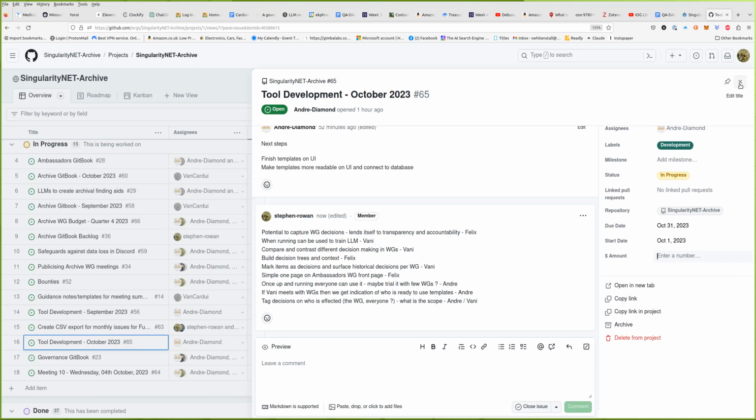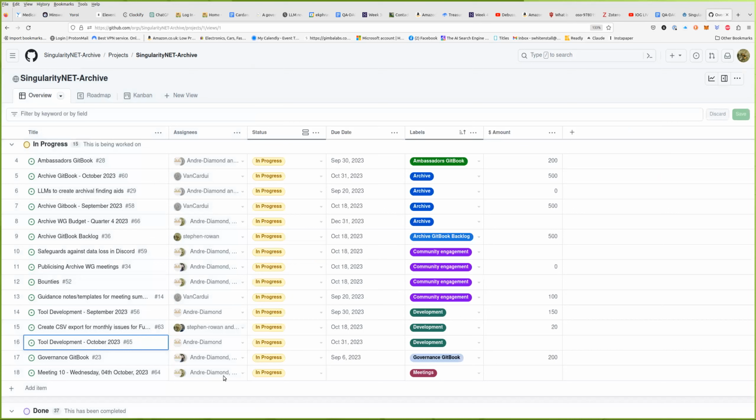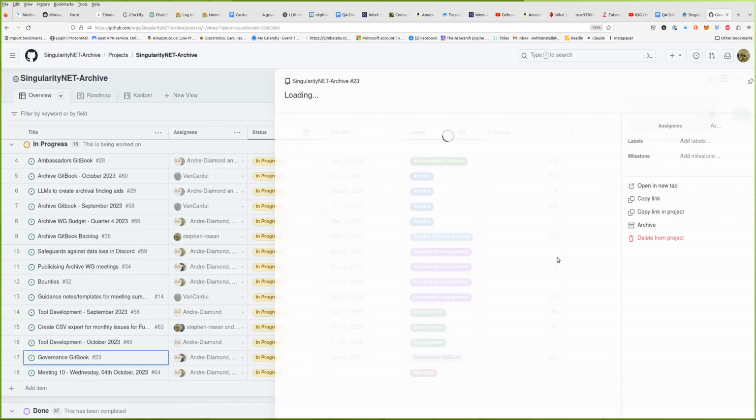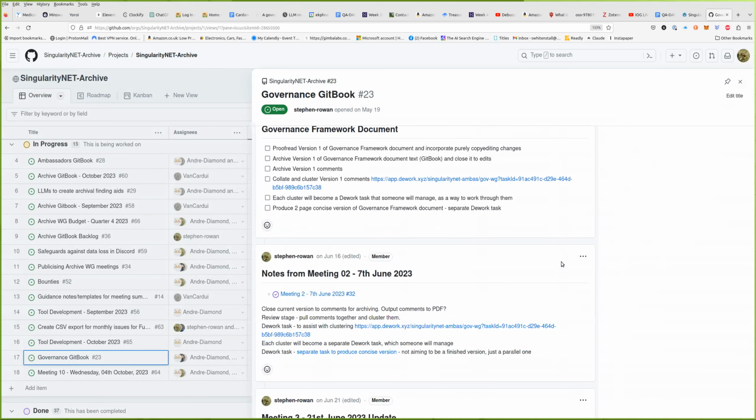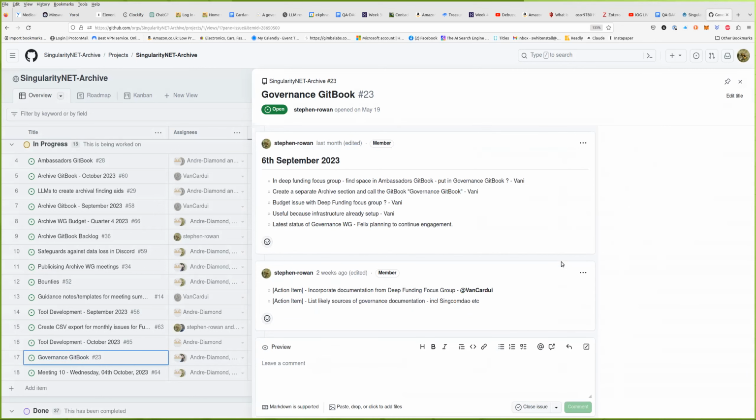But there you go. Okay, moving on to the last item, which is the Governance Gitbook. Let's see what the last discussion was on this. There was a discussion last time of maybe incorporating documentation from the deep funding focus group, Vanessa.